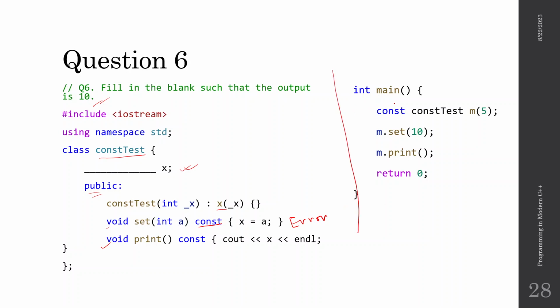Then in the main function we are declaring a constant object called m, and here we are setting x equal to 5, and then we are further setting m as 10, and then when we call the print function we want this value of m to be printed.